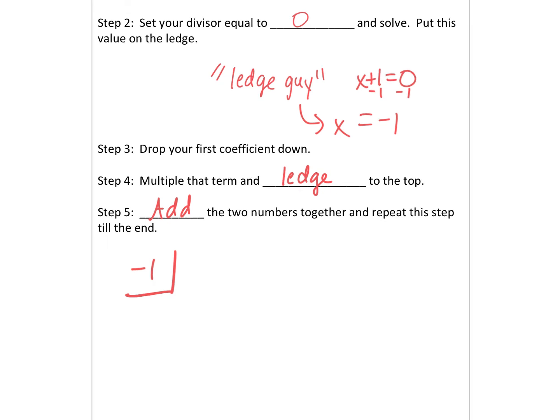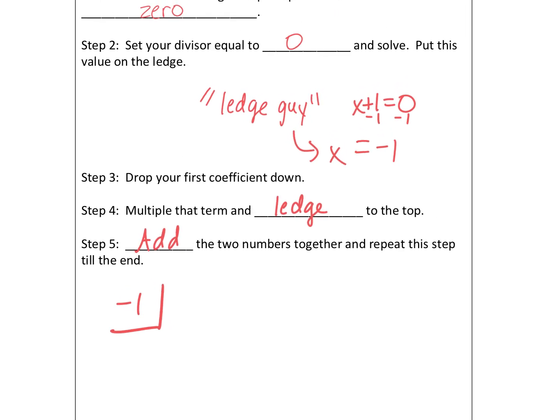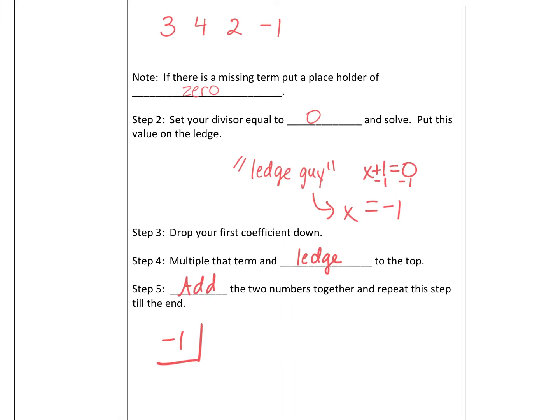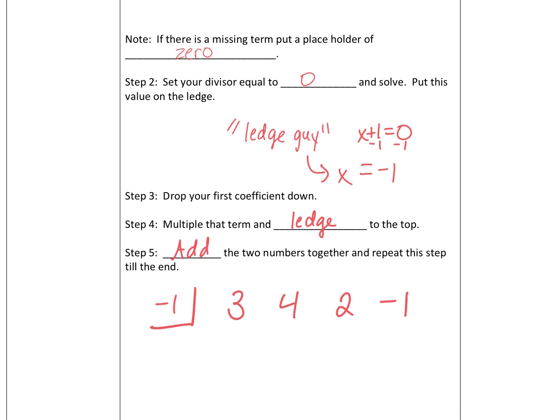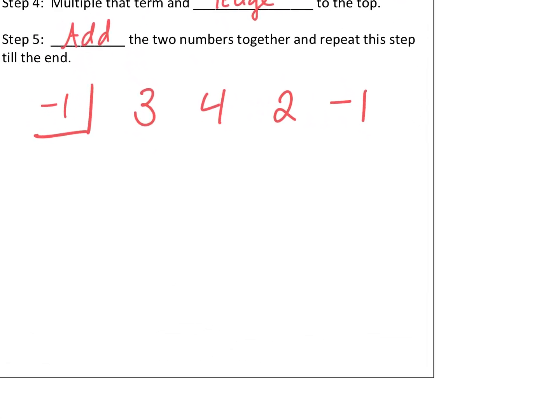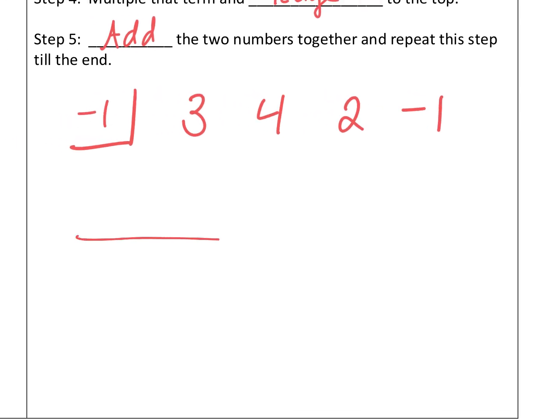Is it always -1? Nope, it's setting your divisor equal to 0 and solving. Then I take the numbers I found in step 1, which were 3, 4, 2, and -1, and put those across. Leave a little space and draw a line.